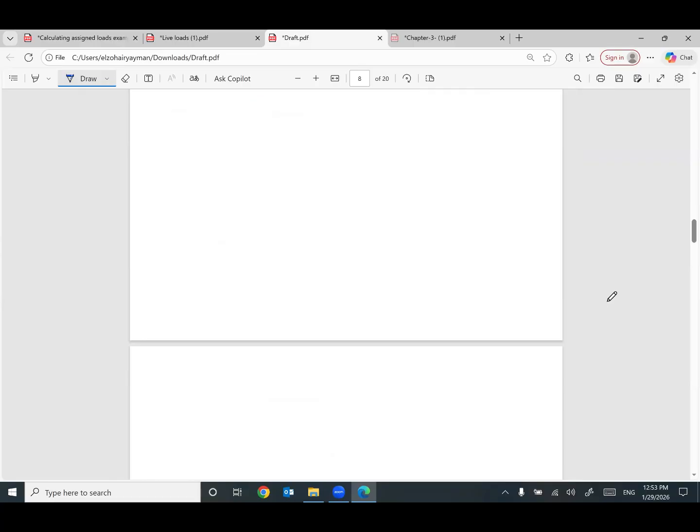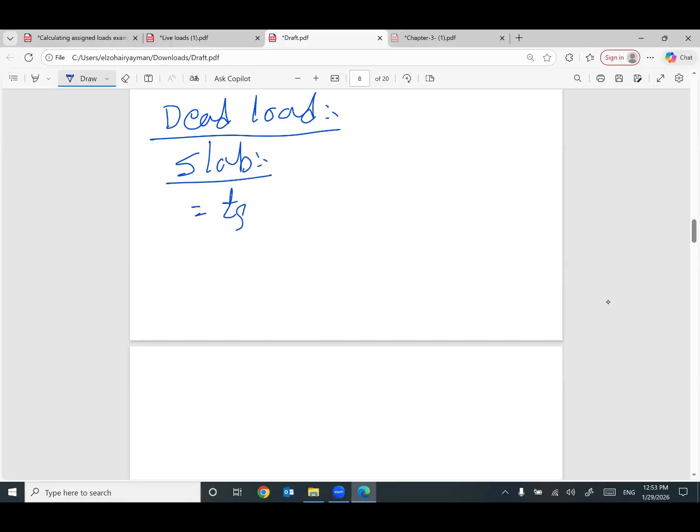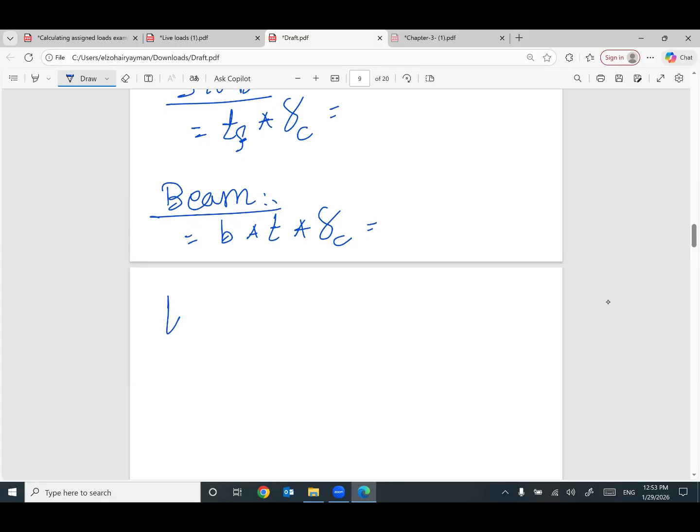How much is the dead load? The value of the dead load on the slab equals the thickness of this slab times gamma concrete. That's it. How much is the dead load on the beam? It equals B times T times gamma concrete. How much is the live load?